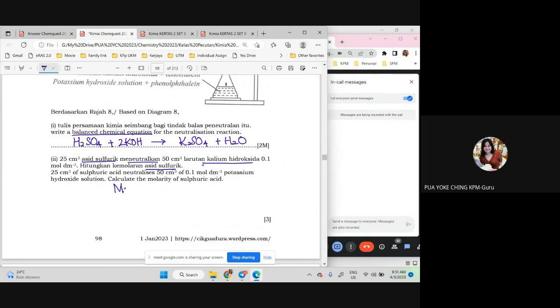So use formula MaVa over MbVb equals A over B. So Ma is the one that you don't know, you want to find. Va is 25, ada sini. Ini 50 ialah Vb. Ini 0.1 ialah Mb. So 0.1 equals A. A is 1, B is 2. So Ma sama dengan 0.1.